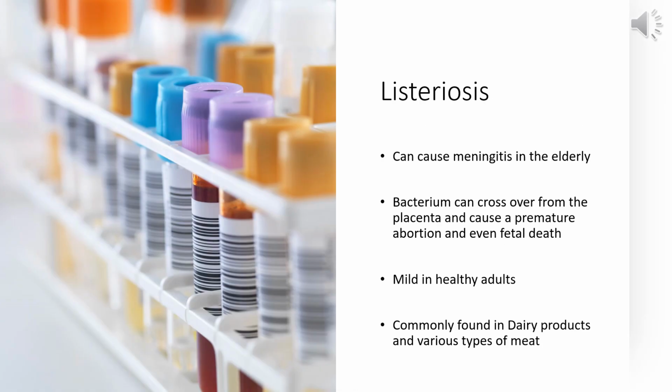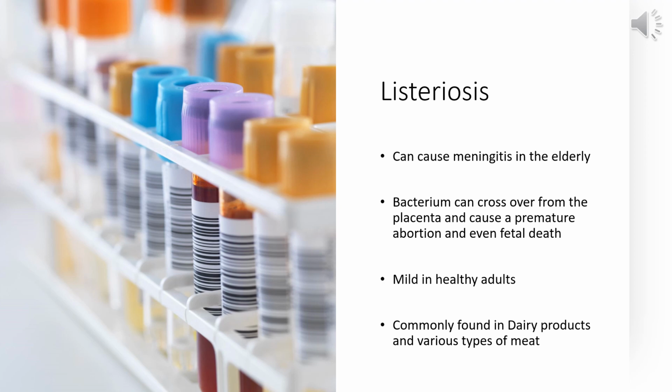The next disease is called listeriosis. This can cause meningitis in the elderly. In healthy adults, it is usually pretty mild as far as symptoms and outcome. The bacterium can cross over the placenta and cause a premature abortion and even fetal death.